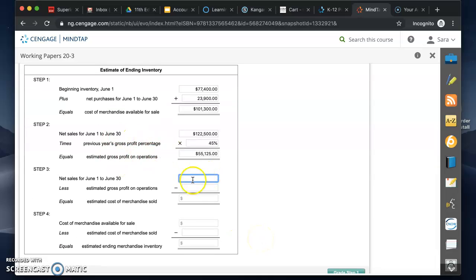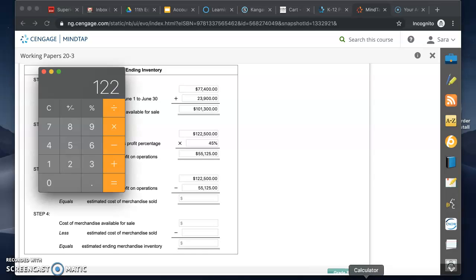Then we want our net sales number again, 122,500 minus our gross profit, which is that number we just calculated, 55,125. So 67,375.